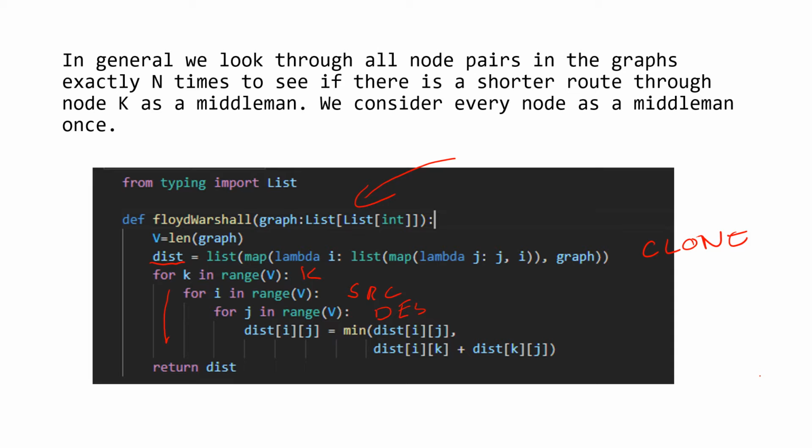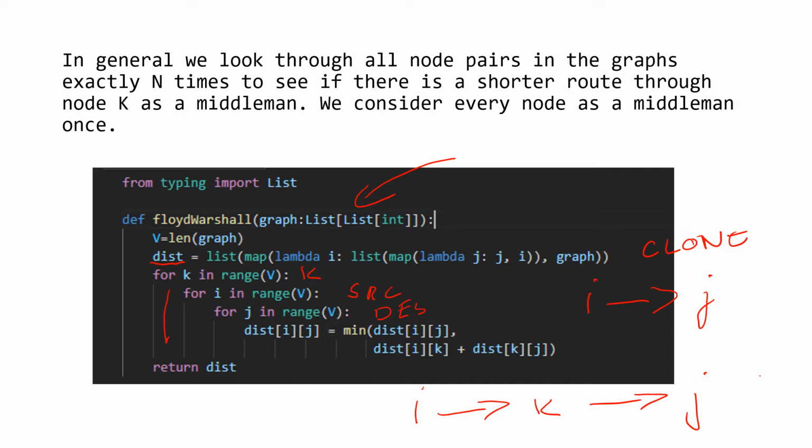distance which is the minimum of the direct distance from I to j, or, if it's a smaller distance, the distance I to k to j. So in a weighted graph, this is a possibility, and this allows us to find the shortest path through each node pair.